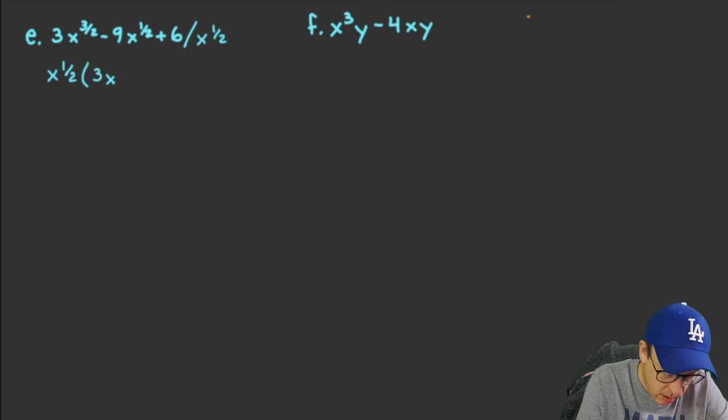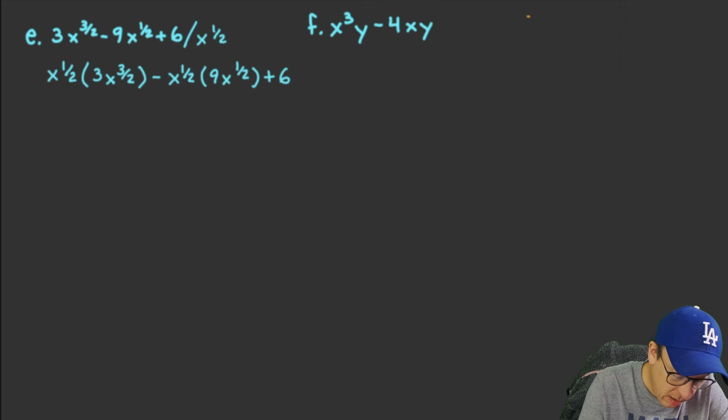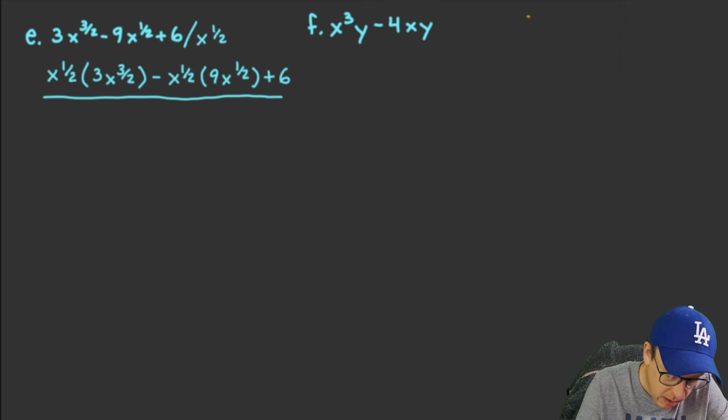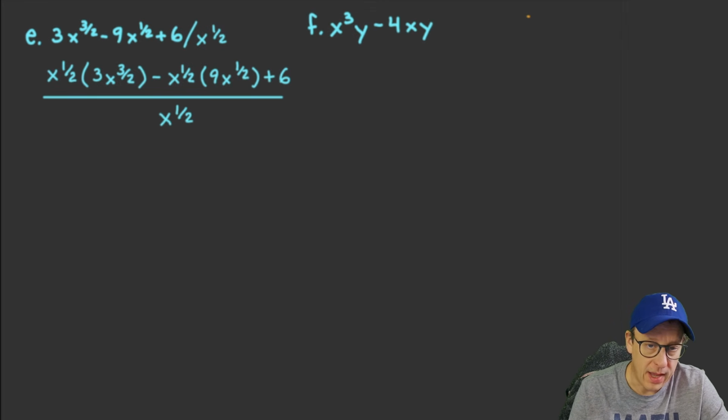And this will end up being equal to 3x^(3/2) minus x^(-1/2) times 9x^1.5 plus 6, and take this guy, and then of course we're going to have x^(1/2) on the bottom of it. And now what I want to do is I just want to sum these different exponents.